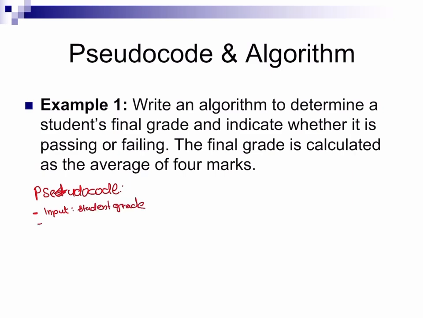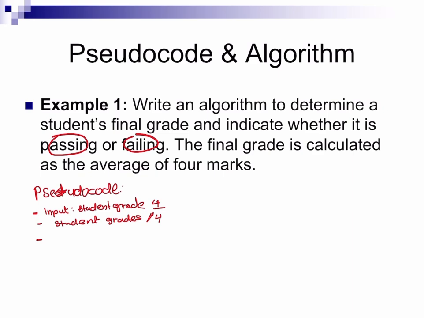Also, we need to have the calculation. So it is the student grade. We have 4 student grades, right? So we're going to have all those student grades divided by 4 to calculate the average. And then we have two possible things that may happen, whether they pass or fail.